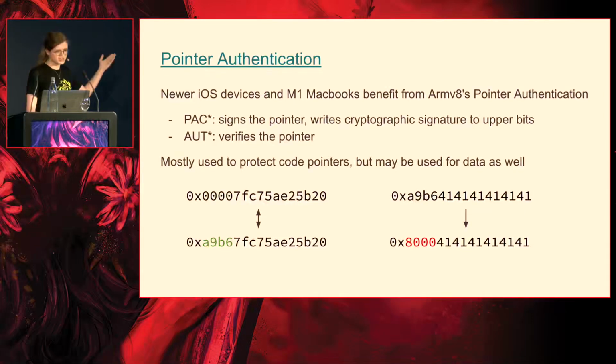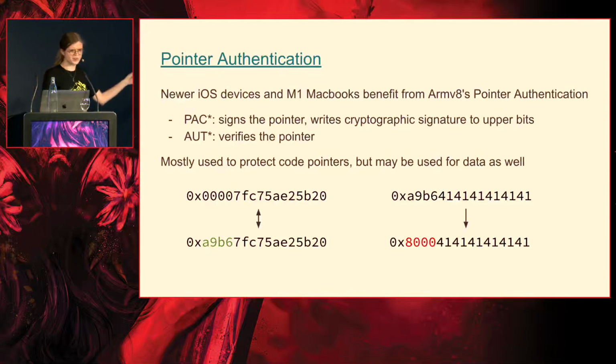So we've got the PAC instructions which do the actual signing, and the AUT instructions which can verify. And then there's also instructions that let you do things like an atomic verify and branch or verify and return so that you avoid race conditions. As an example here, this is a pointer to the JIT. We can see the PAC version, and we can see the upper bits are now set to our signature.